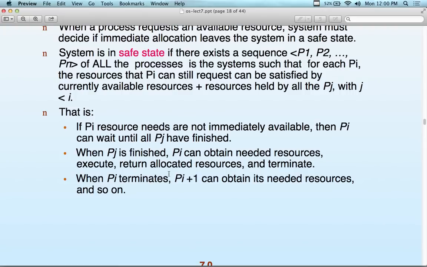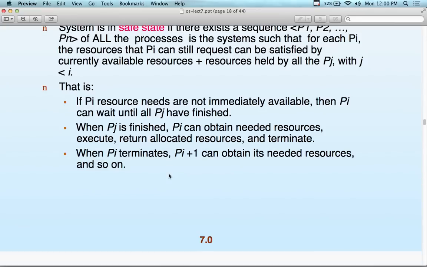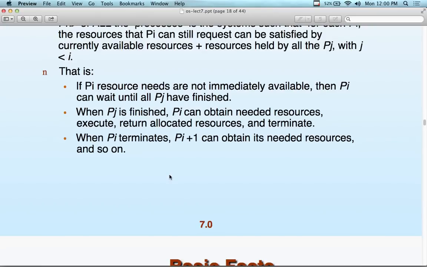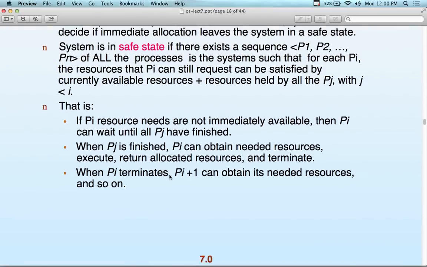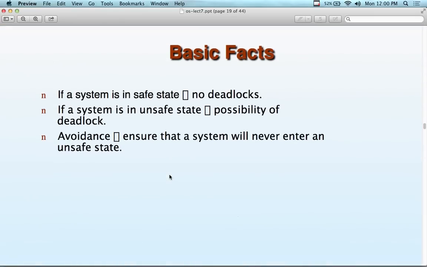It's just like pressing a new call on your phone over and over. As soon as the old call ends, then the new one can start. It doesn't queue it up though, it waits for you to restart it. So when P1 terminates, P(i+1) can obtain the necessary resources and so on. So we can figure out ahead of time if the state is going to be safe.